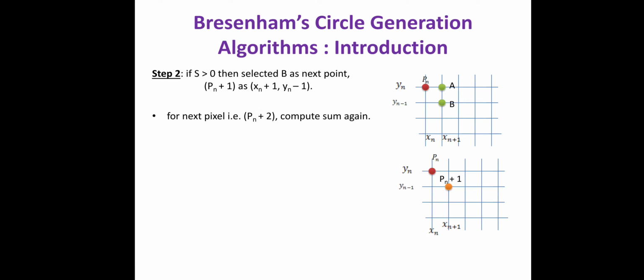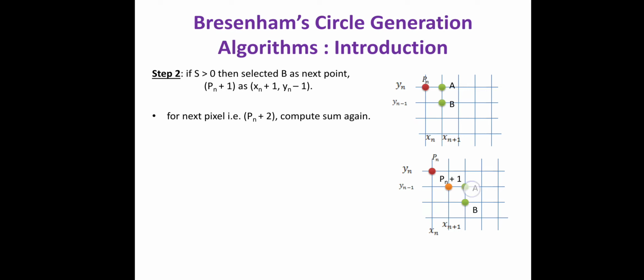For the next pixel, after this pixel, I again have to find the new pixels, which are A and B. First of all we have seen the case that after Pn I have selected A. Now I am seeing the case after Pn I am not selecting A but B, because here my S is greater than 0. So in that case I again have to find the next point after that B. That next point will be again this new A and new B.